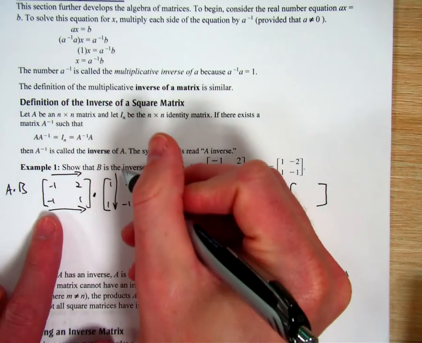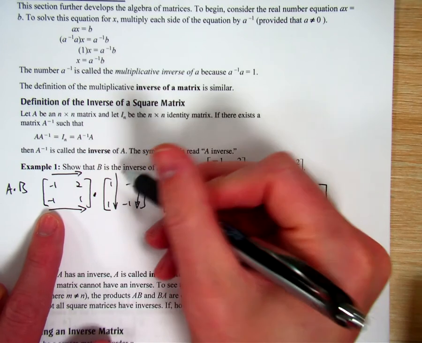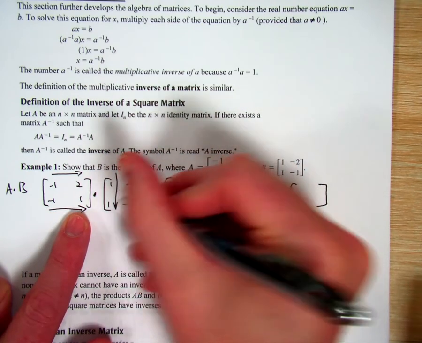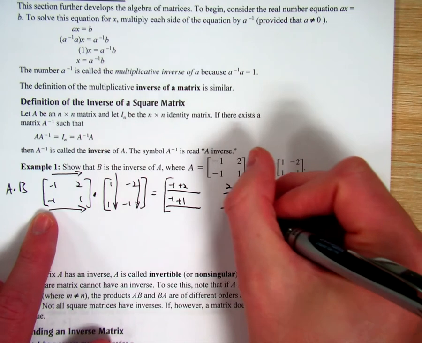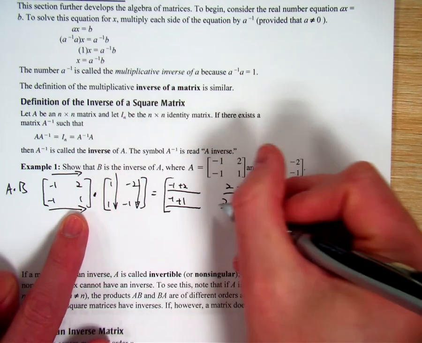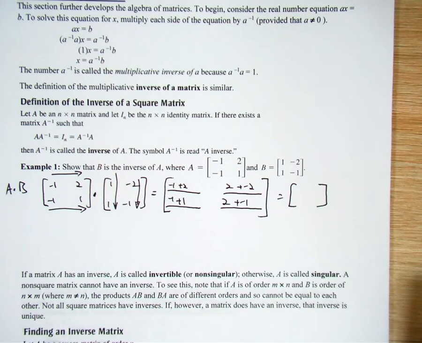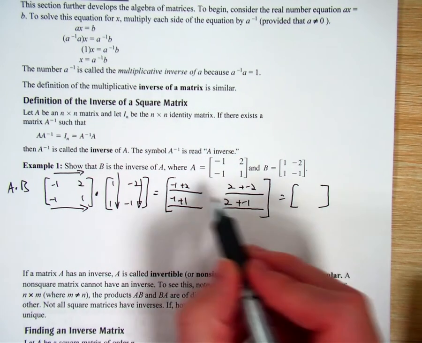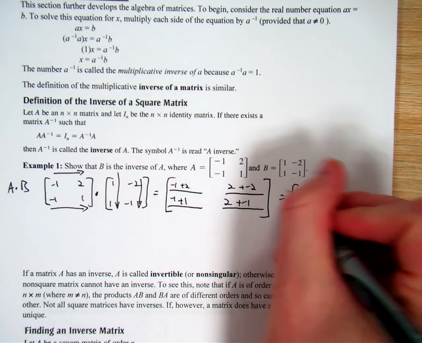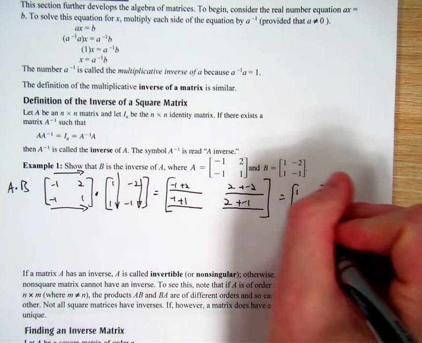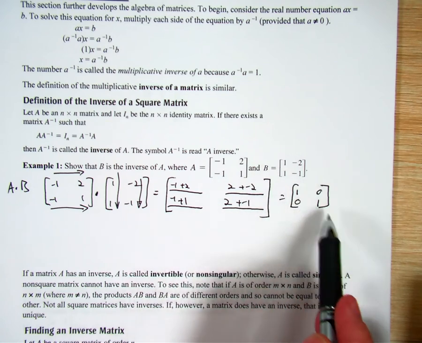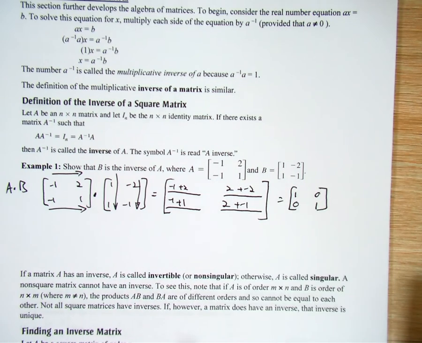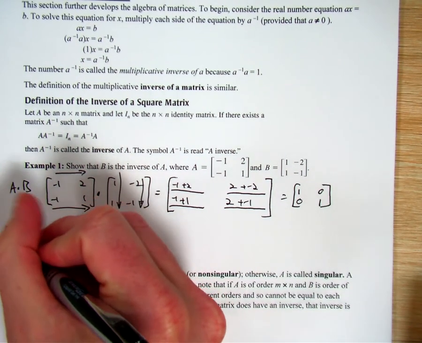Okay, bottom row, first column here, we got negative 1 times 1 and 1 times 1. Negative 1 times negative 2 is going to be positive 2. 1 times negative 1. So taking a look there, we have 1, 0, 0, 1. We got our diagonal row of 1s with zeros everywhere else. Let's see if it works the other way.